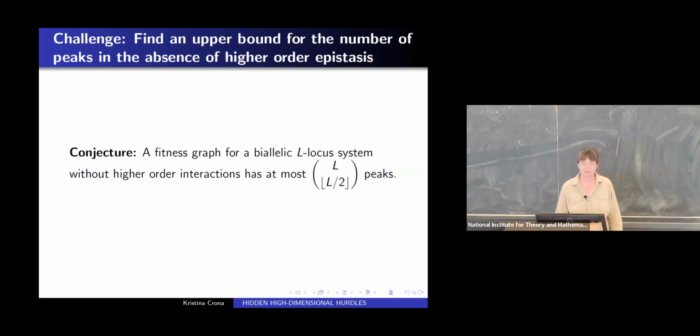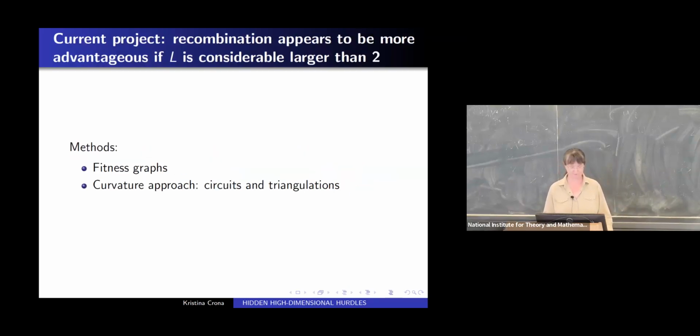I have a conjecture that may very well be wrong, but I have found graphs with that number of peaks. So it's L choose the floor of L over 2. That would be my challenge.